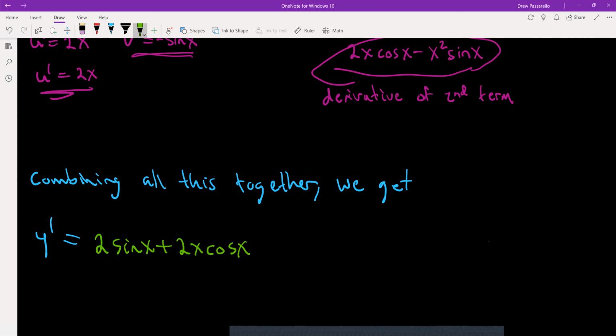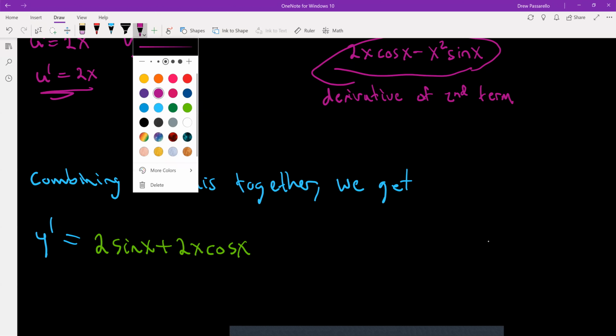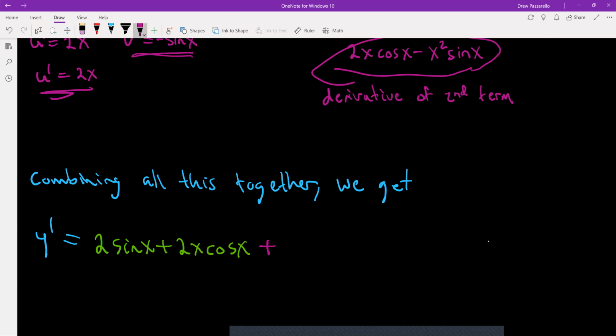All right, that takes care of the first term, 2 sine x plus 2x cosine x. Now I just add on the derivative of the second term, which was 2x cosine x minus x squared sine x.